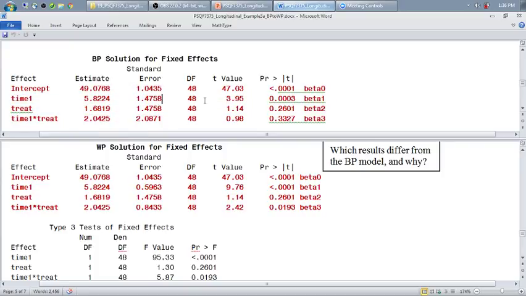The effect of time is why is post-test different than pre-test? So when I think about reasons for error around that, the fact that some people walked in higher than others has nothing to do with why pre-test is different than post-test. It's irrelevant. There is no way that whatever I did to them over time was going to change the fact that some people are just better than others.